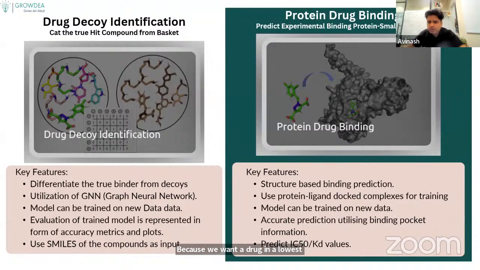We don't want to consume 1 kg of paracetamol to regulate our fever. We just want a pill, because in such a small concentration, paracetamol is effective. So we need the IC50 low, and this tool will tell you that the drug which is bound right now will give you this kind of IC50.